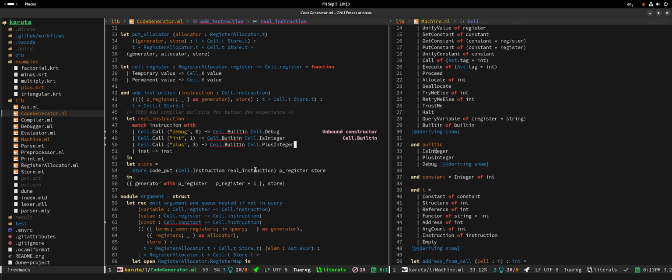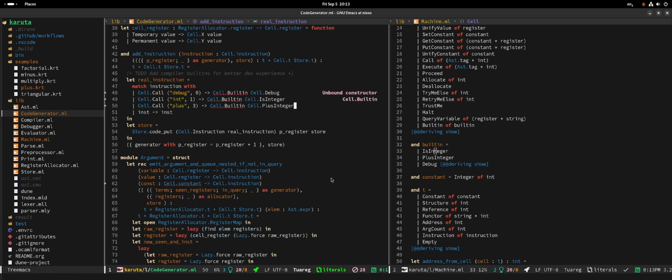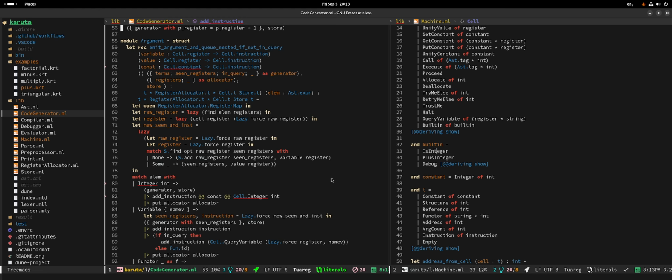And now the question is, wait, see what's going on here? We're matching on the integer because we're matching on the constant, and that is holding a number.